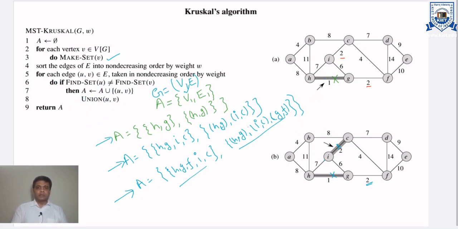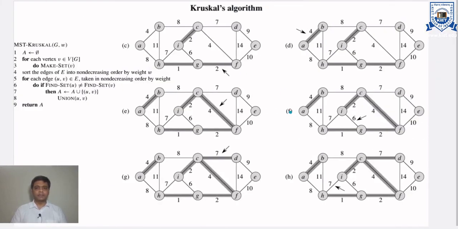So this process will keep on going. We have selected this 2, and then we are going to select either AB or CF. So the remaining steps of this numerical are like this. This 2 is selected, and after this 2, this 4 is selected because it is not going to make any cycle. Up to this point we have discussed in the previous slide. Now consider this edge.